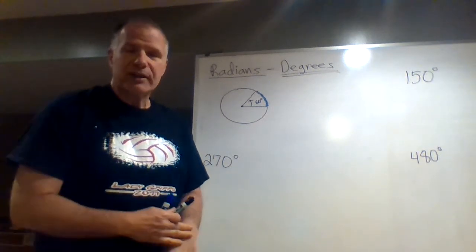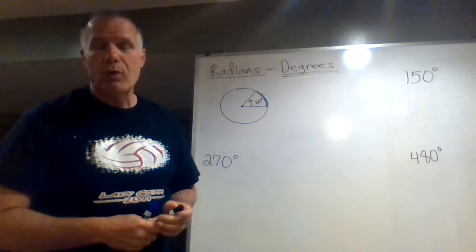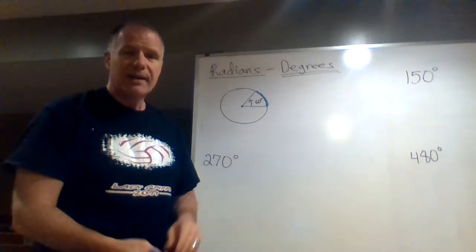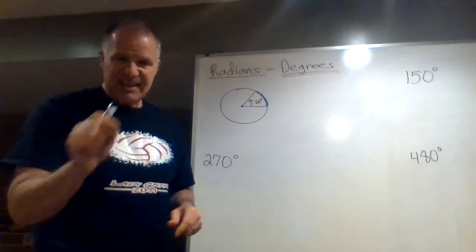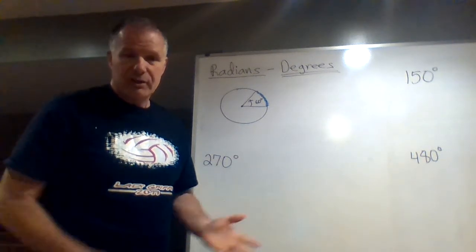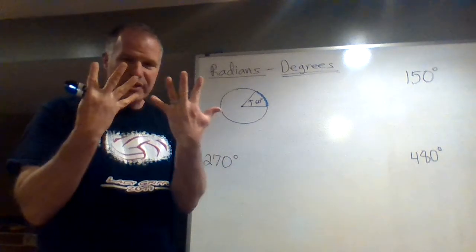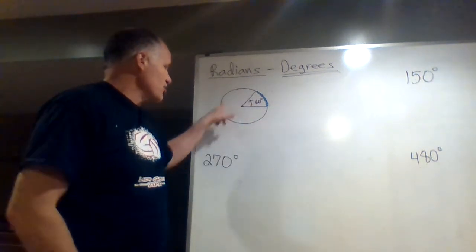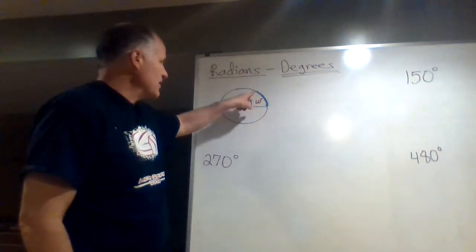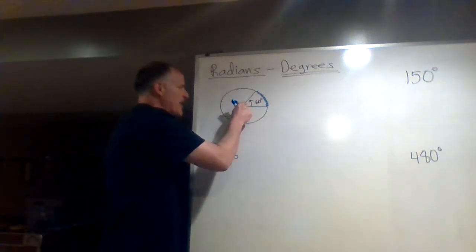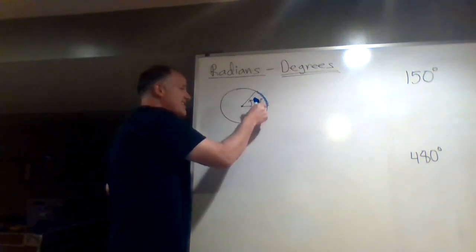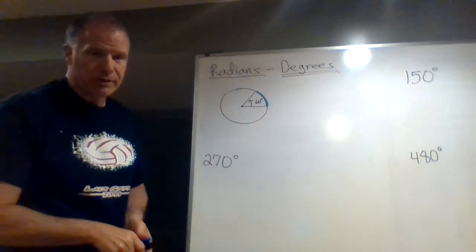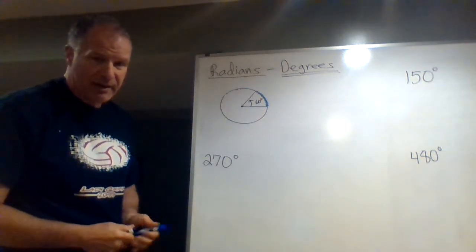Old watches that actually run are all gears, which are rounded, and the teeth fit together. Most things in engineering are circular, but the angle doesn't really help you when you're engineering. The distance that the circle covers is what's important in engineering and in math.